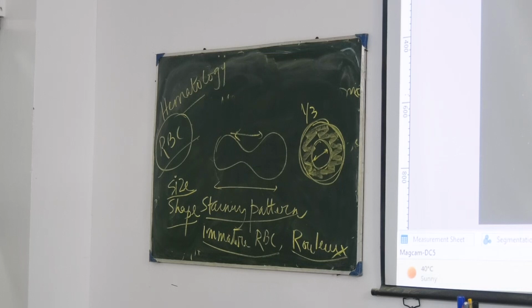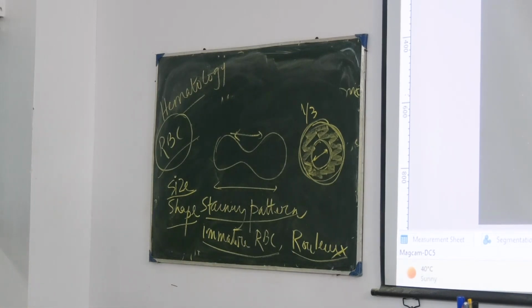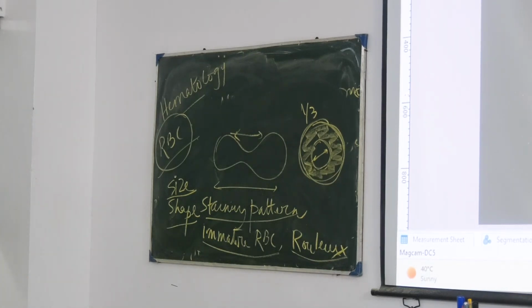Immature RBC. This is the reticulocyte. Late normoblast, when they get mature, are converted into the reticulocyte, and the reticulocyte is expelled from the cell and gets mature. Is this clear?